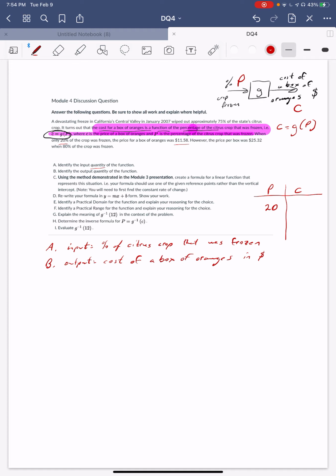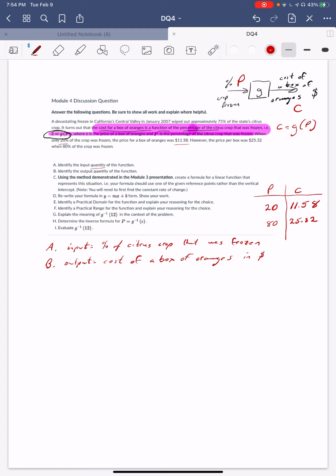I don't have to write that as 0.2. 20 is the percentage, and we've identified our input as the percentage of the citrus crop that was frozen. And the cost is $11.58. When I read on, I find out that I have a cost of $25.32 when my input is 80, so when 80% of the crop is frozen.